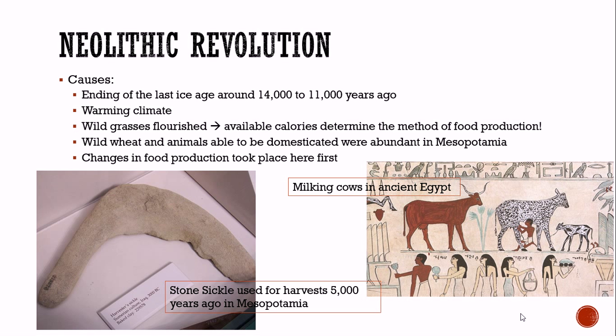Mesopotamia was lucky because they also had a lot of really awesome domesticatable animals that were present naturally in the environment. Things like goats and sheep and pigs and cattle, the wild versions, were in Mesopotamia.